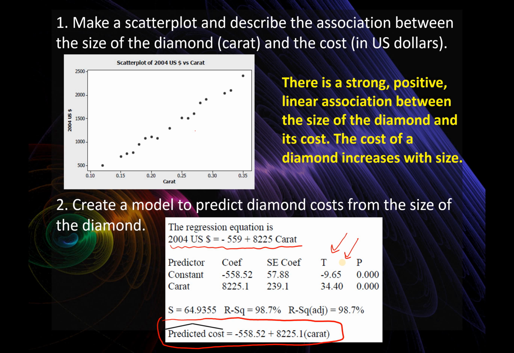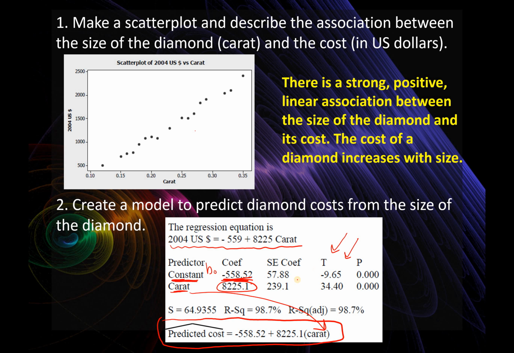This is what a computer output would get you. What you need to see is it's got the constant. The constant is your intercept. That's that guy. That's your intercept, sorry. And carat, you look here, that's your explanatory variable, that's your slope.